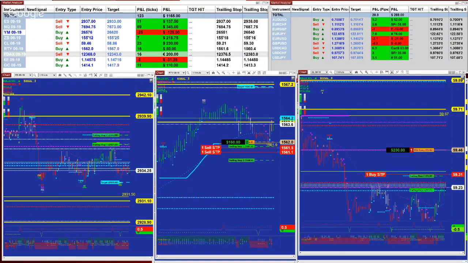Carmen, the CL has not taken any trade yet on the fib line. Has not.